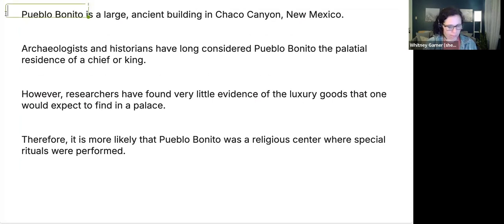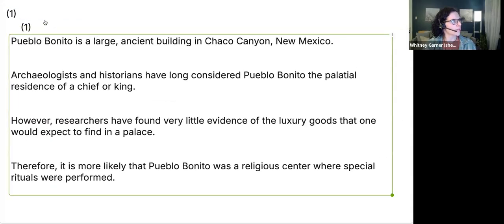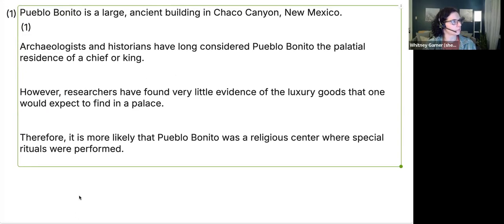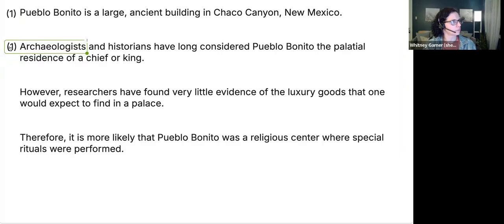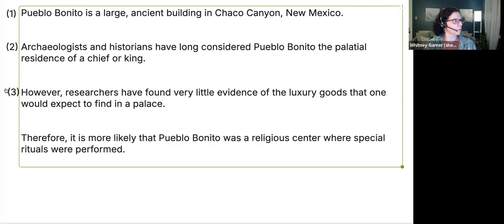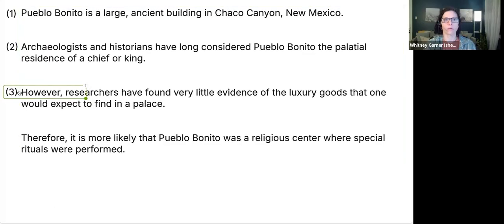If you were going to say that one of these sentences was the argument's conclusion, which one would it be? Go ahead and put this in the public or private chat, either one.